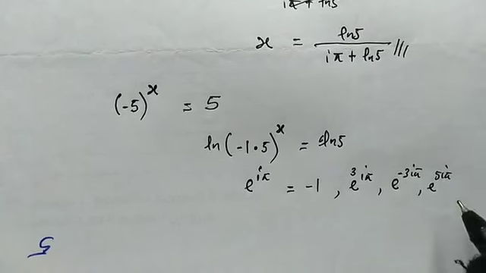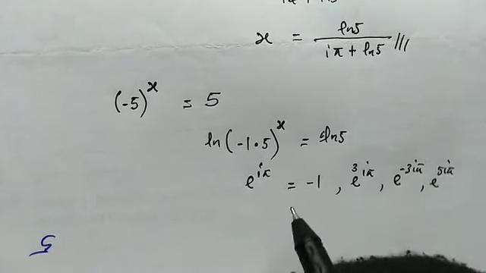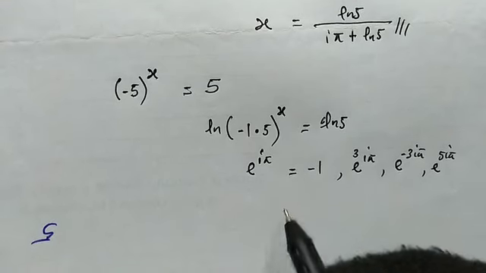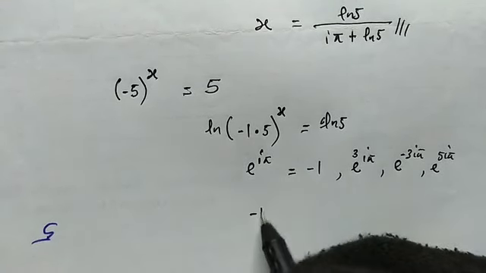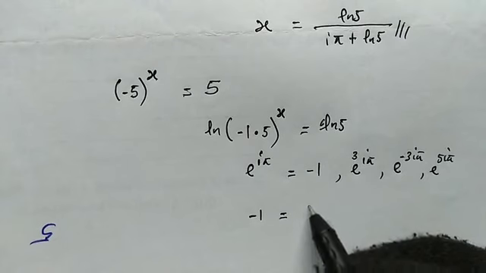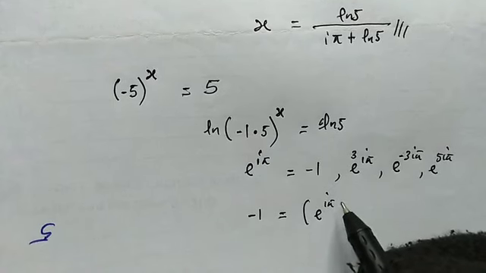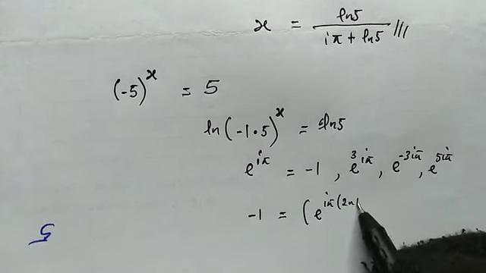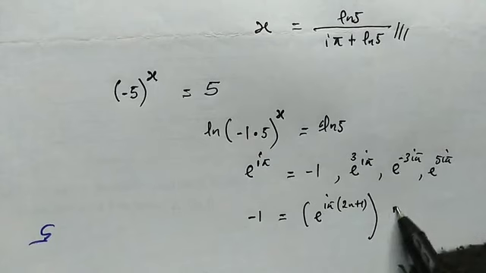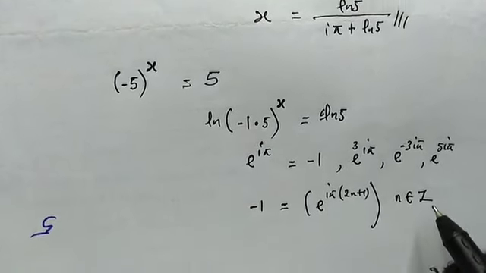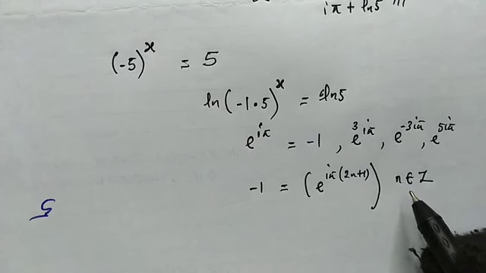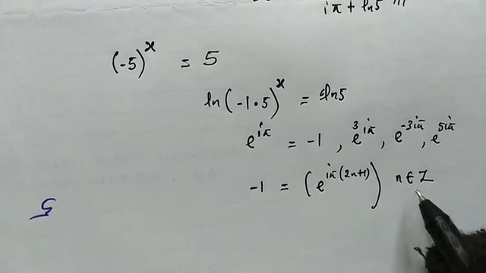That is for odd multiples of this i pi, right? So this is actually telling us that negative 1, we can generalize this as e to the power of i pi, then times 2n plus 1, where n belongs to the set of integers, right?